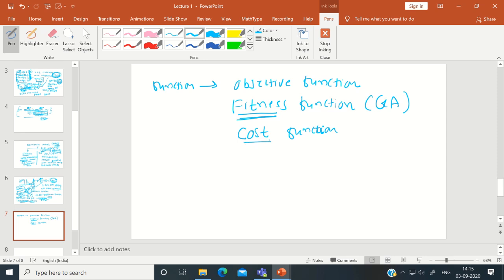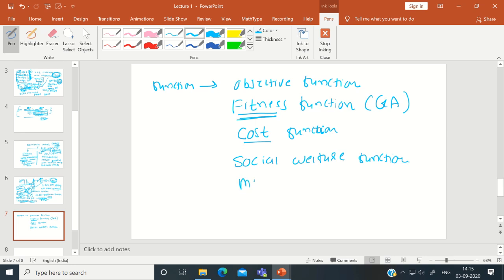In a restructured power system, we use the term social welfare optimization. Social welfare optimization cost function, right? Yes, there are lots of fitness functions, right?